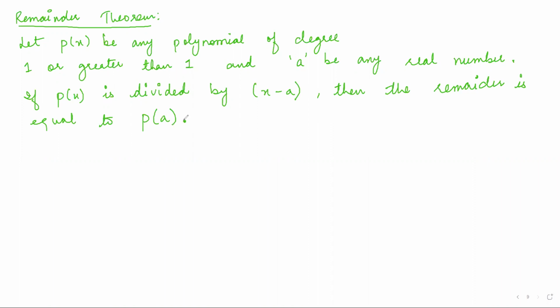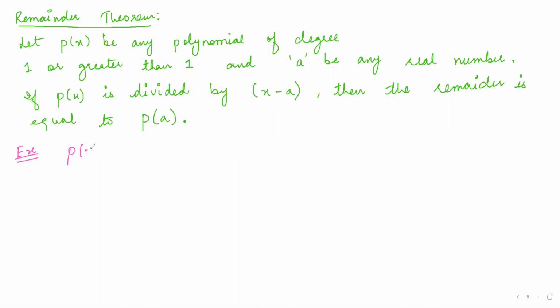That means the value of the polynomial at a. Is this clear to both of you? Like what is the theorem, right?